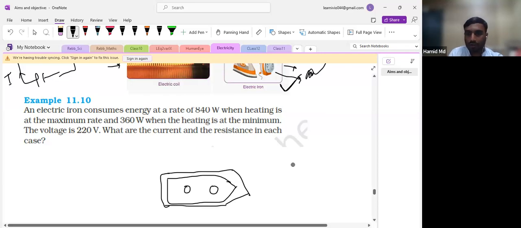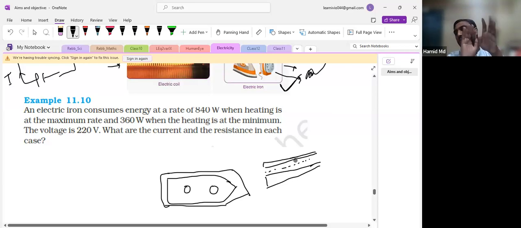In between these two layers, if we open it, this is one layer and this is another layer, side view. There you might find some shiny plates.